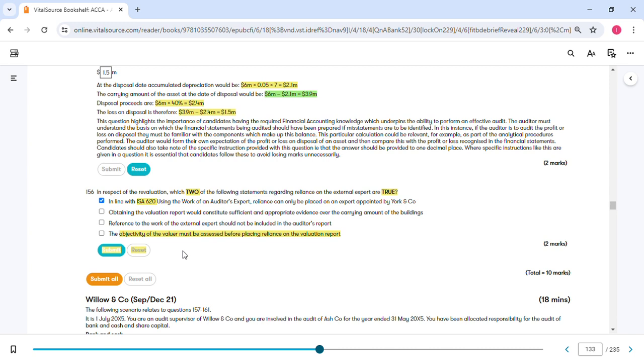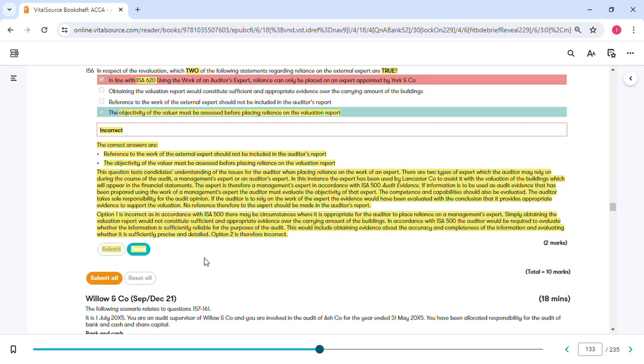The reference to the work of the external expert has to be included. And the objective of the valuer must be assessed: qualification, experience, expertise, and the purpose of what we are doing. Then it will make sense.